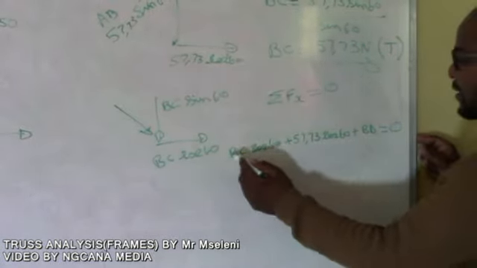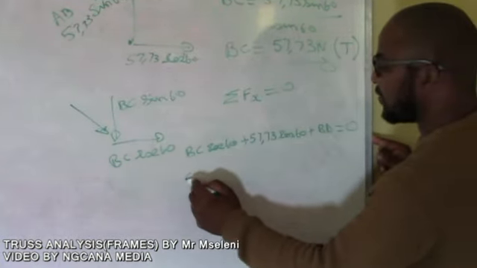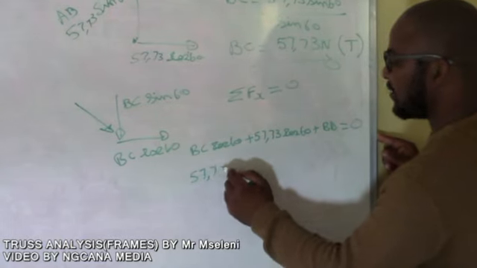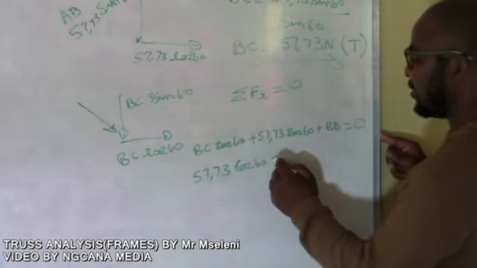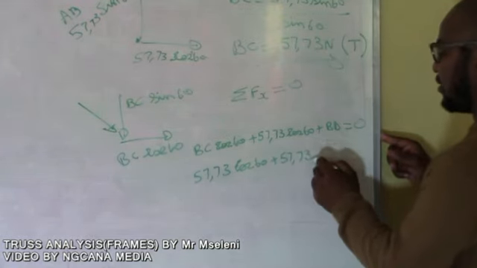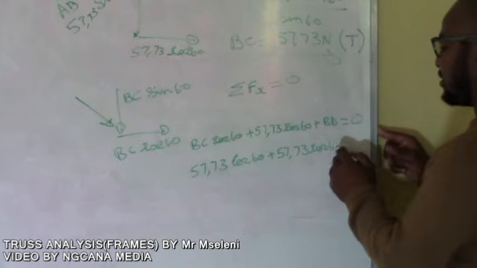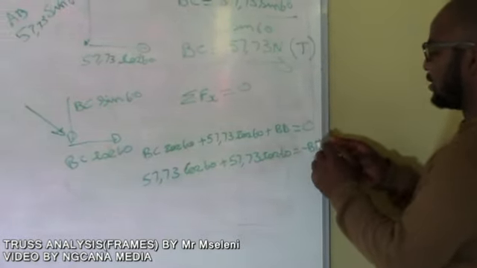If you check your BC, it's also 57.73. So you're going to say 57.73 cos 60 plus 57.73 cos 60 equals negative BD.